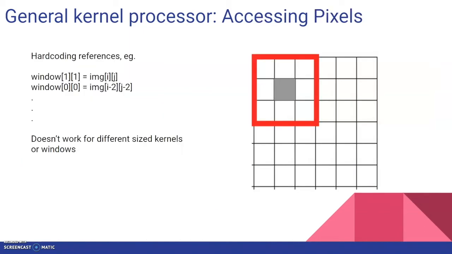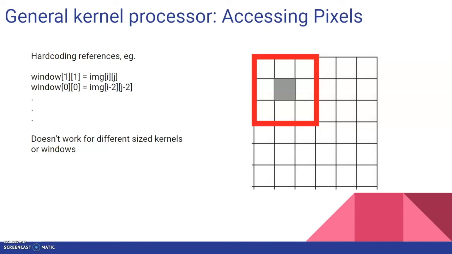Our next problem is actually accessing the pixels that we want, so the pixels around that central pixel. And we have to do this without hard coding. So early in the coding process, we talked about how if we had a set 3 by 3, we could just assign it manually.